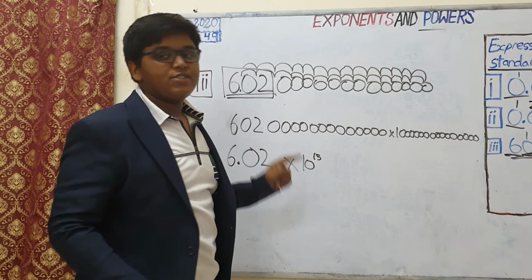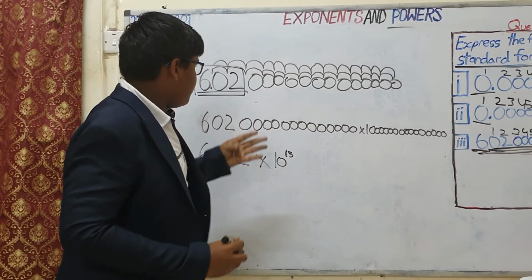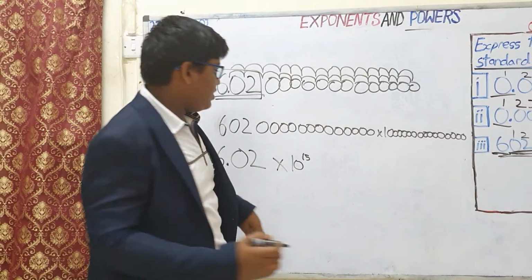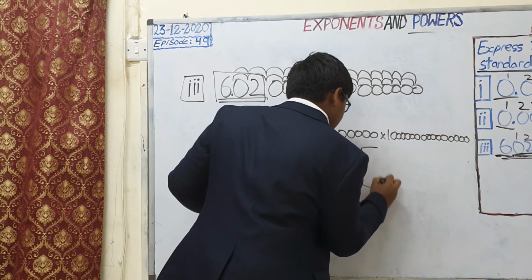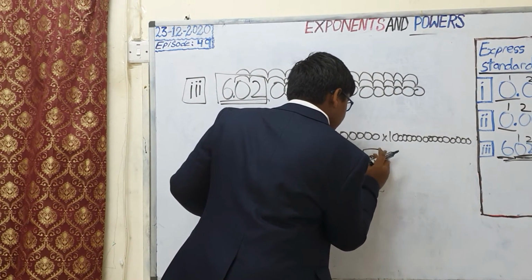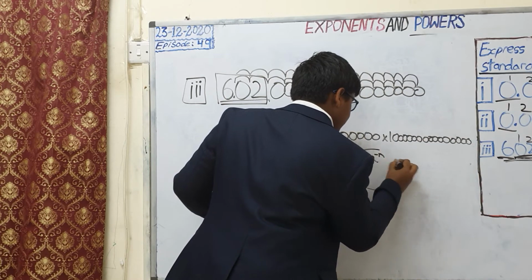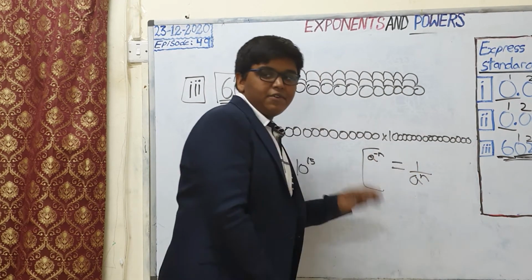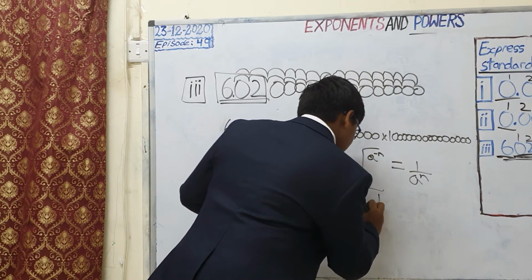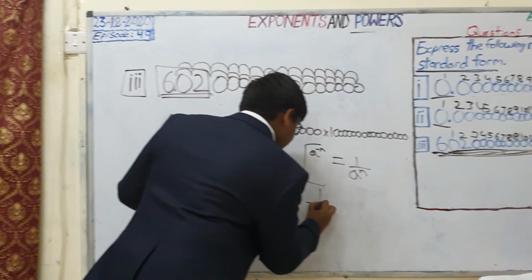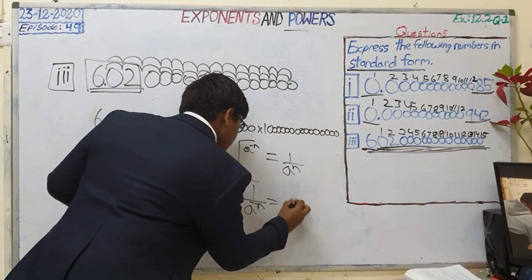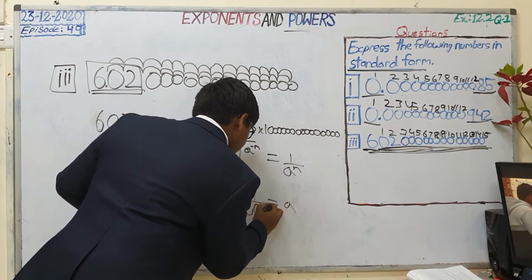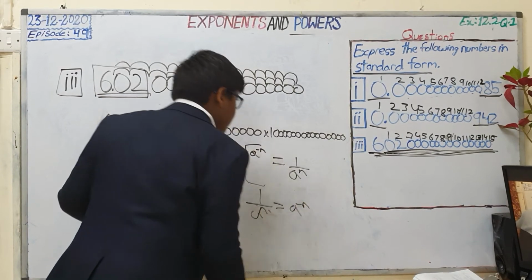Now why not minus 15? Because in our previous two questions we used the property that a raised to the power minus n is equal to 1 by a raised to the power n, and reversed, 1 by a raised to the power minus n is equal to a raised to the power n.